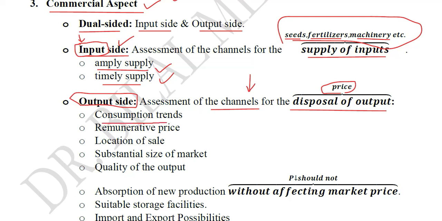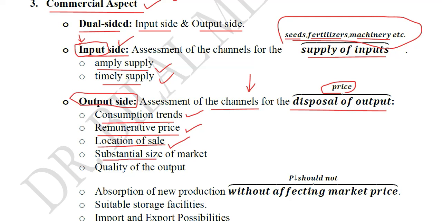We need to consider the consumption trends. We need to see that if the demand exists, people are consuming this commodity that we are producing in this project or not. We need to see what is the level of price that should be paid. We need to see the location of the sale, where we can sell this. The geographical aspect is here.